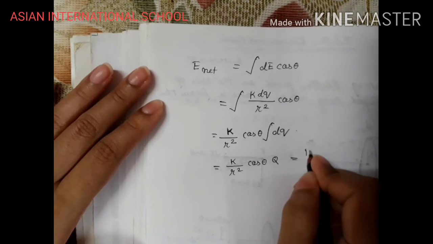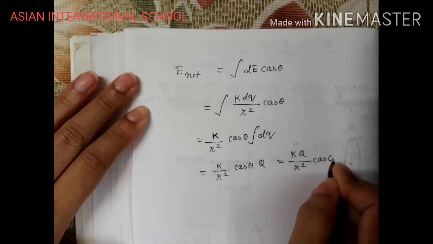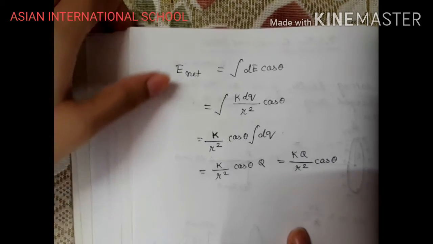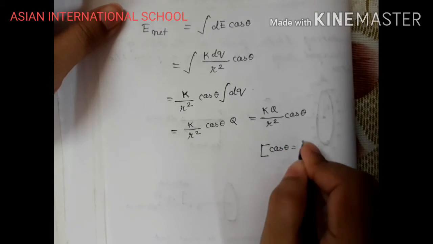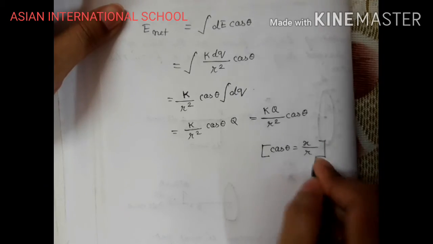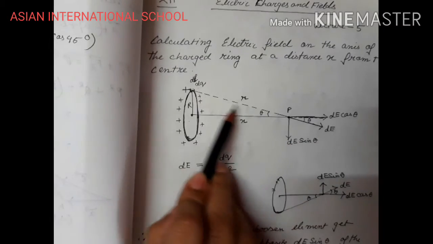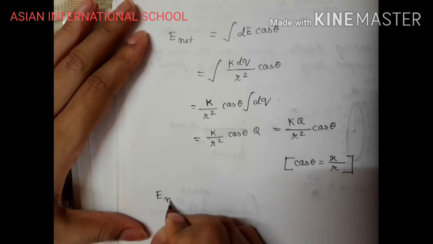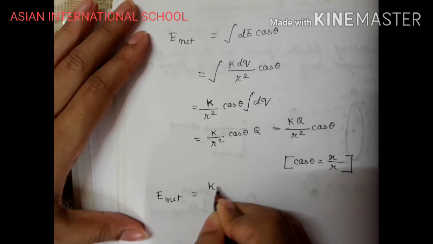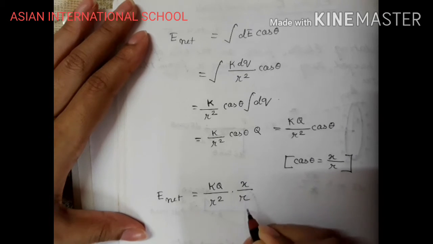So I can write k q by r square cos theta. Now from the diagram, cos theta equals x by r. So I can put, in place of cos theta, x by r in E net equals k q by r square.